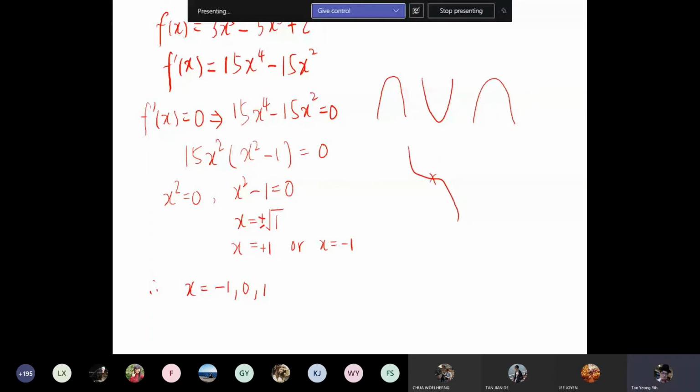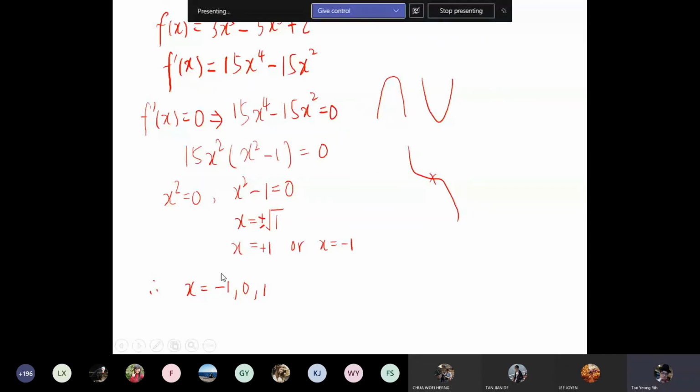But I don't know which one is which. From these 3 values, I don't know which one is the maximum, which one is the minimum, and which one is the inflection point. It can be all of them maximum or all of them minimum, so it can be anything.